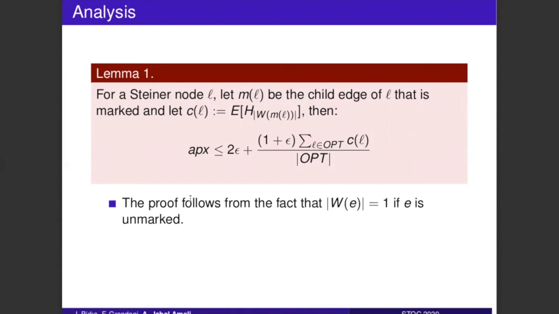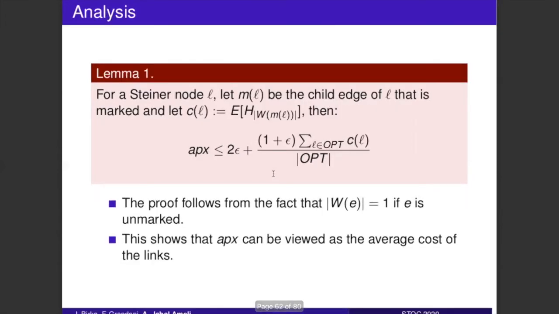The proof of this fact is not that complicated. We omit the proof, but it suffices to note that this proof follows from the fact that basically the size of W_E is 1 if E is unmarked. Then using some algebraic manipulation, one can get this bound. Again, it's worth mentioning that this shows that now we can view APX as the average cost of the links.